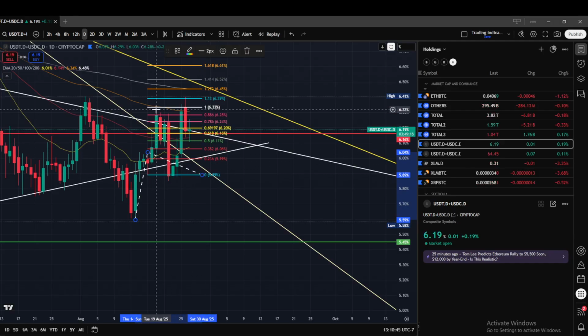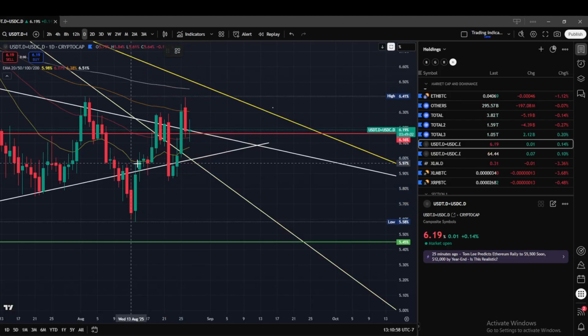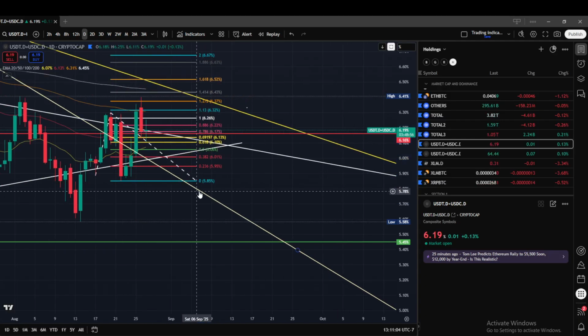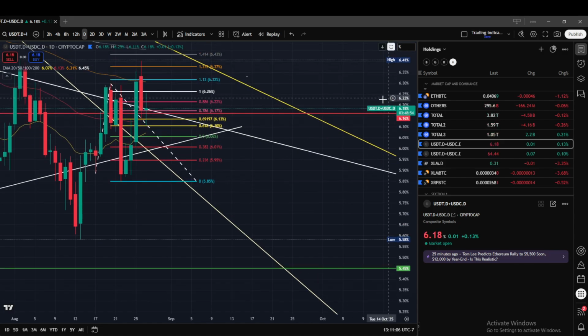Right, we've come up, rejected this, the 886, slammed back down. We've come up to the 1, rejected off the 1. I mean, this chart doesn't look bullish. It just doesn't look bullish at all. It really doesn't. It looks bearish, and we're sitting right above that 786.